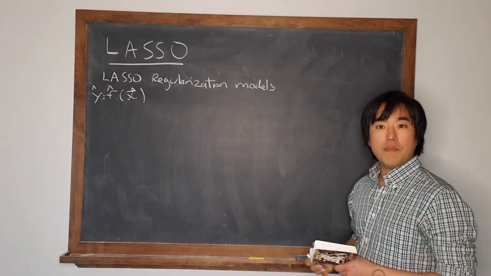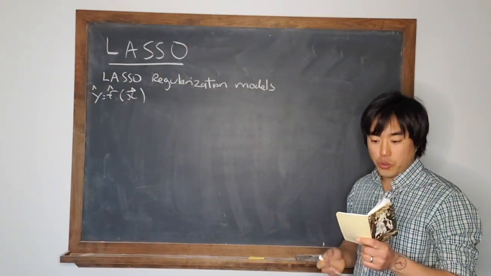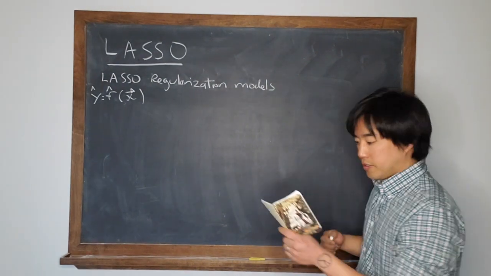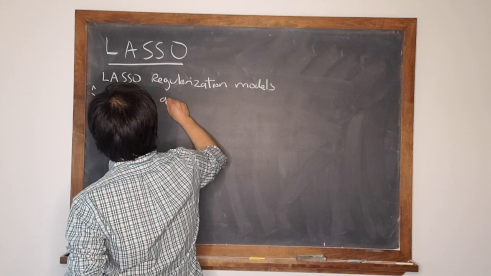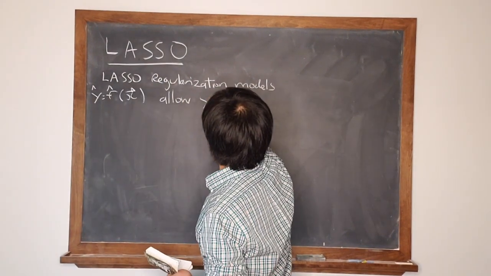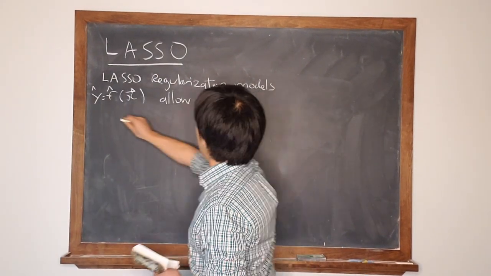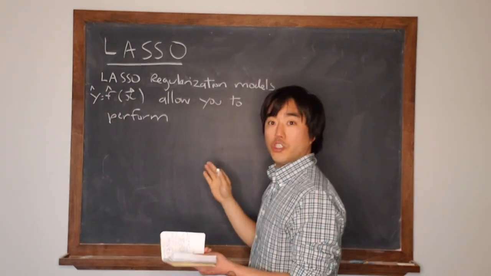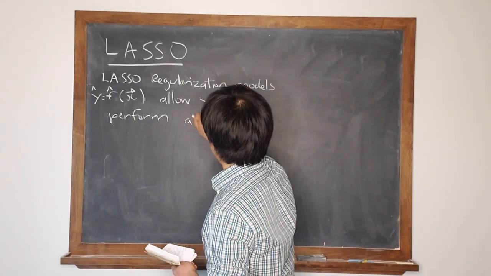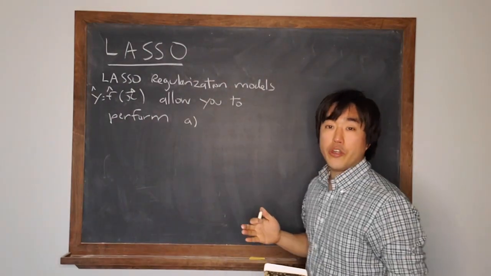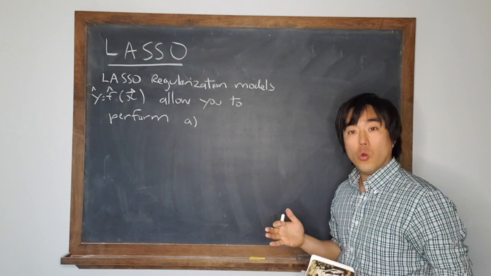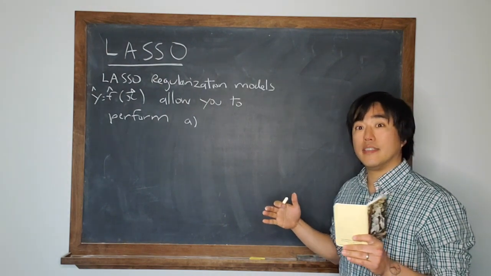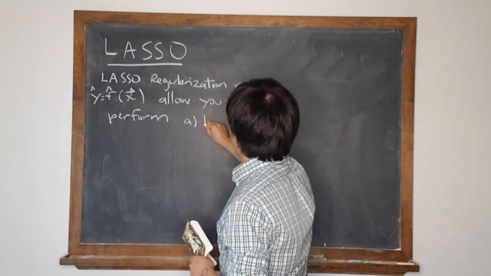LASSO regularization methods allow you to do two things. In a nutshell, they allow you to do two things. A, parameter shrinkage, meaning we can shrink the values of all our beta hats to 0.